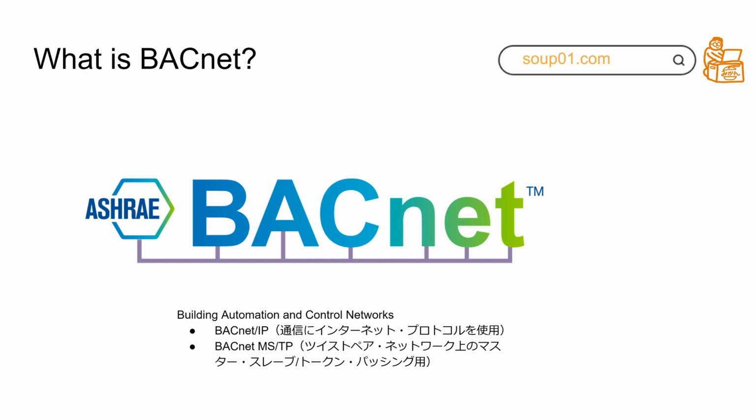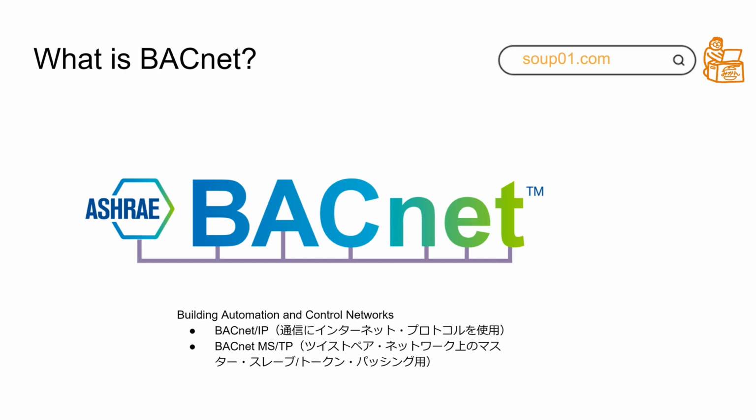With BACnet, you can control or get data from, for example, heaters, air conditioners, lighting, log in, log out, and all other building management. It is a standard protocol, and BACnet has many different data layers that allow you to implement BACnet communication.